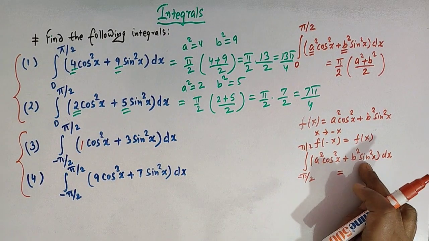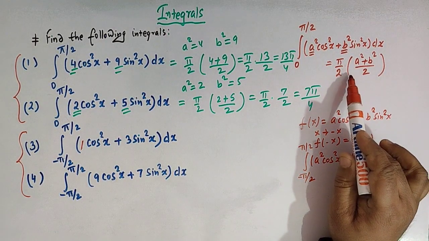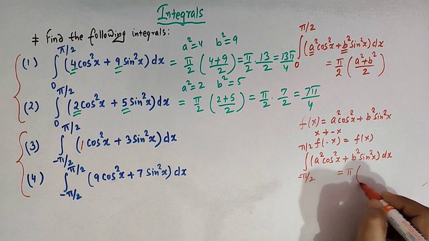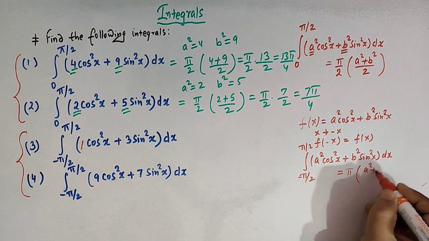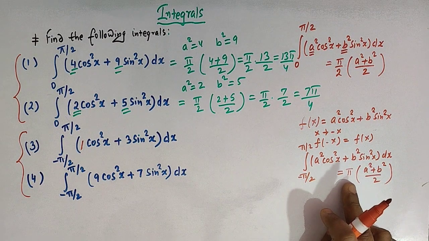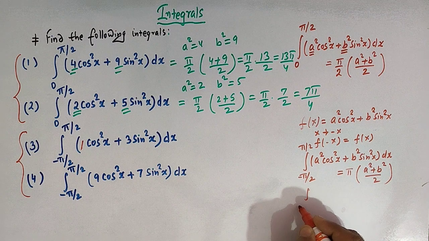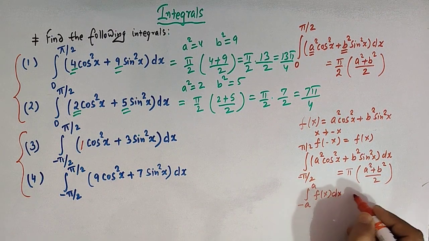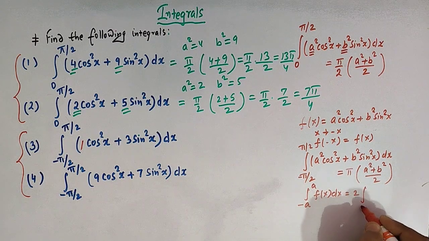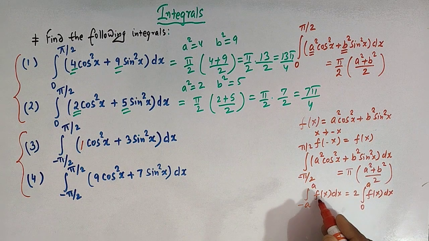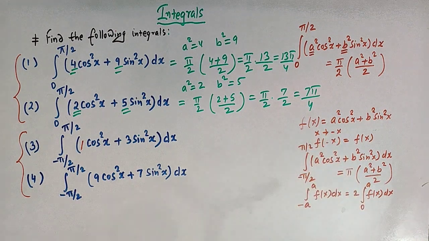The value of this integral is double the previous value, so here we'll write pi times a square plus b square over 2. This value is due to the property that the integral from minus a to a of f of x dx is equal to 2 times the integral from 0 to a of f of x dx, because f of x is an even function.